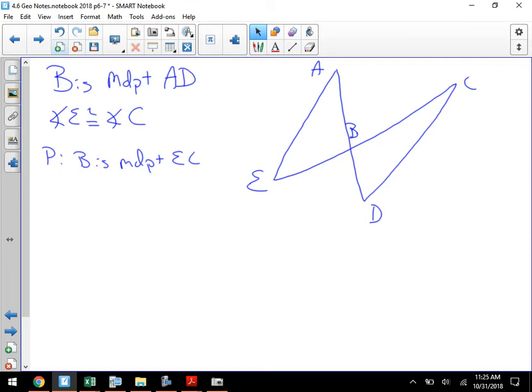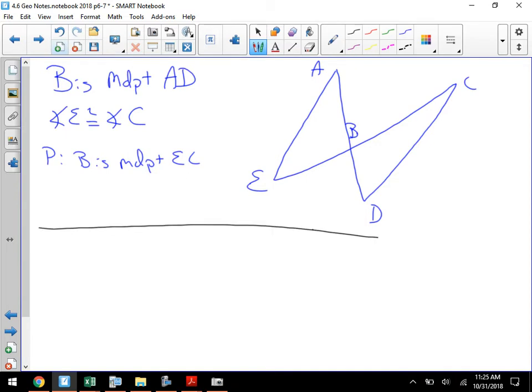Where do you always start proofs? Given. Right. B is a midpoint of AD. And like I had mentioned to you guys yesterday on numerous occasions, we have to get better at diagrams.